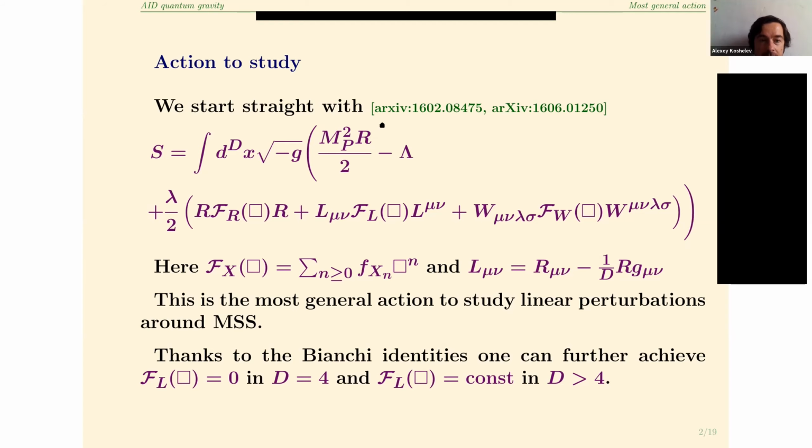The first line is GR and lambda, which we pretty much know, but the rest is unfamiliar in the sense that it's not very common to consider f of box here, where box is the d'Alembertian operator. Nonetheless, this is an action which I want to put forward.